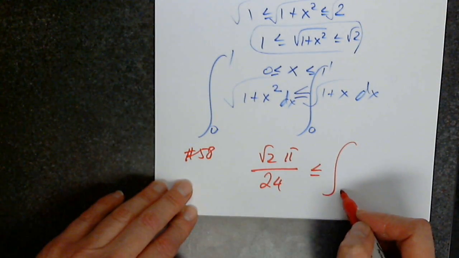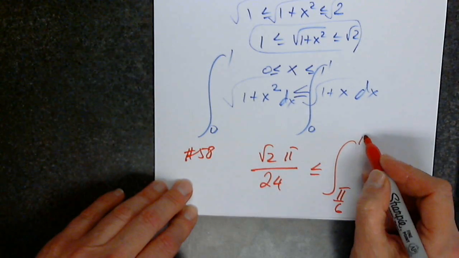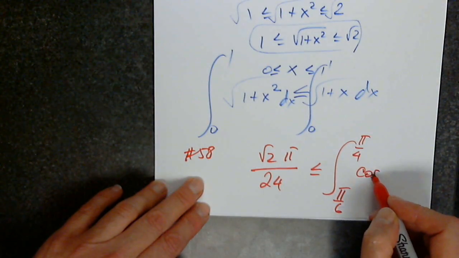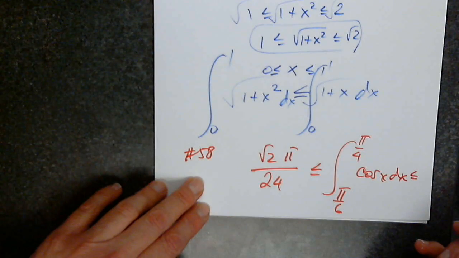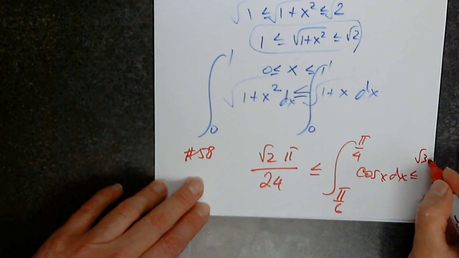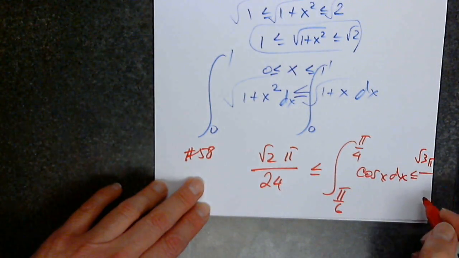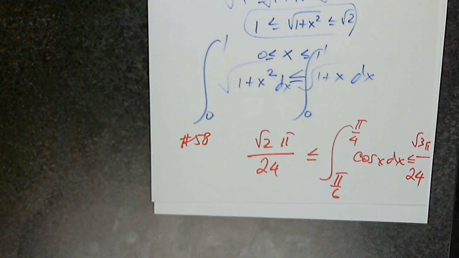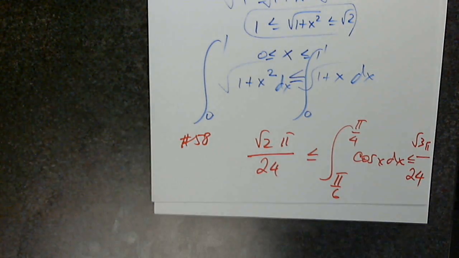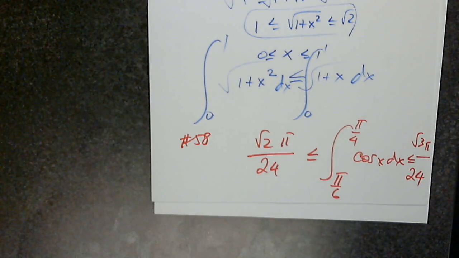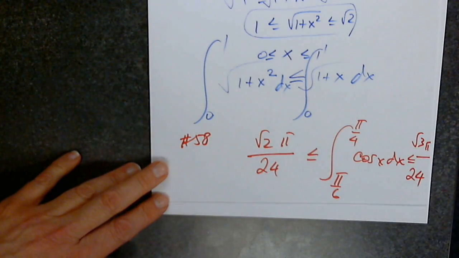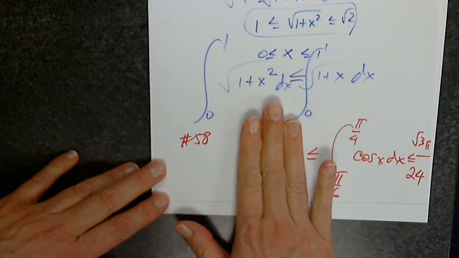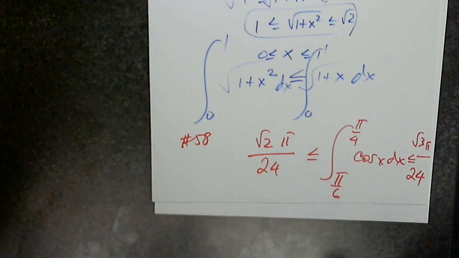They say, again, we are not asked to evaluate. We are only asked to show that this is true. We're not asked to evaluate this, and evaluate this. Okay, here's a number between these two. I'm done.